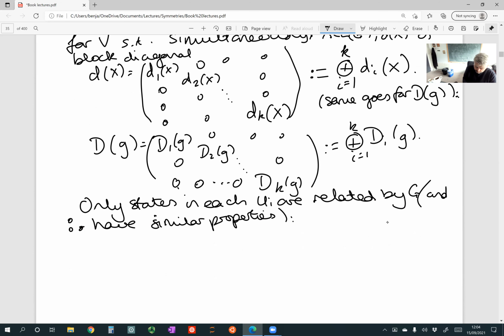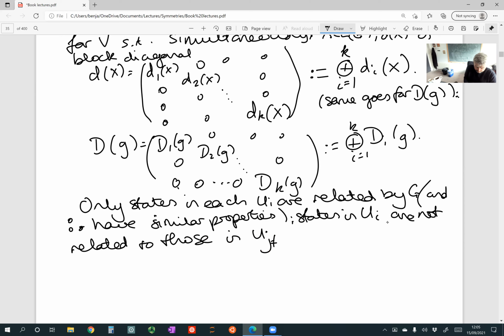So states in U_i are not related to those in the different U_j, j not equal to i.